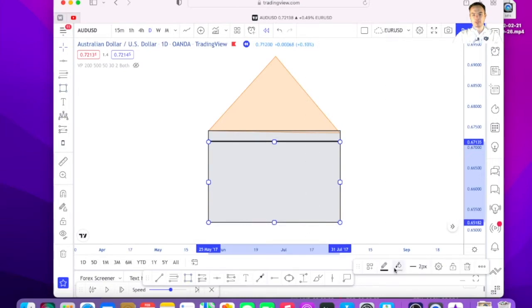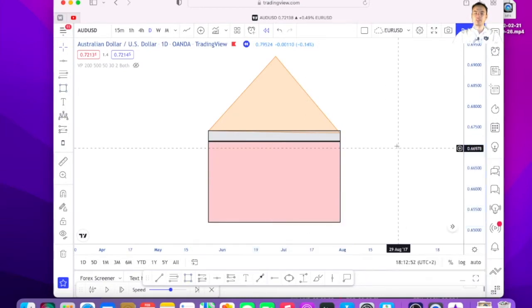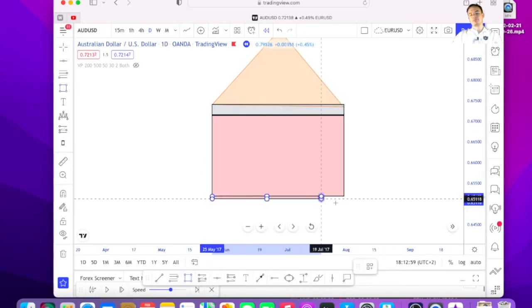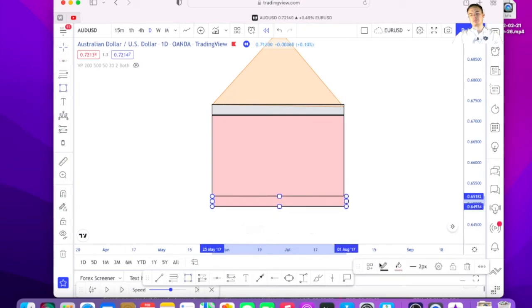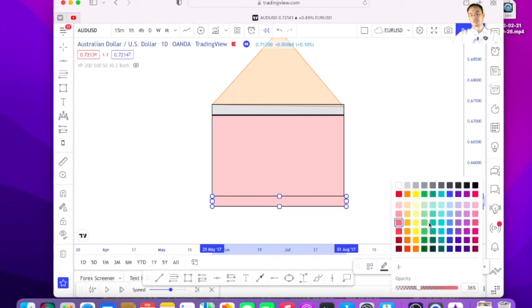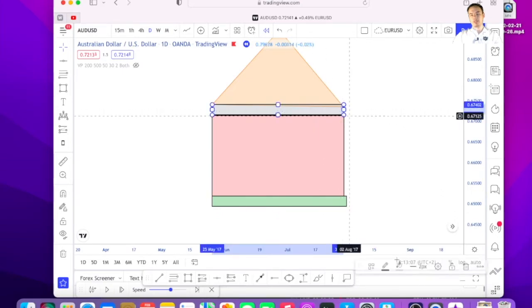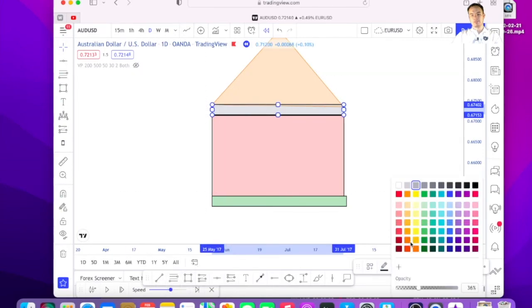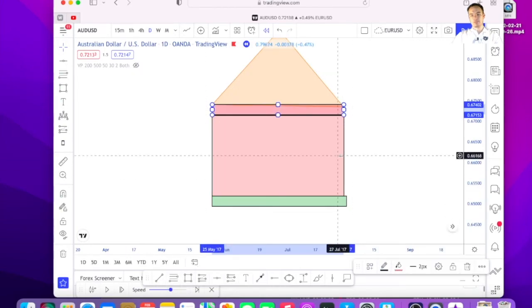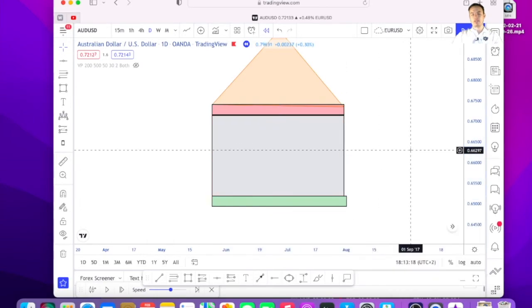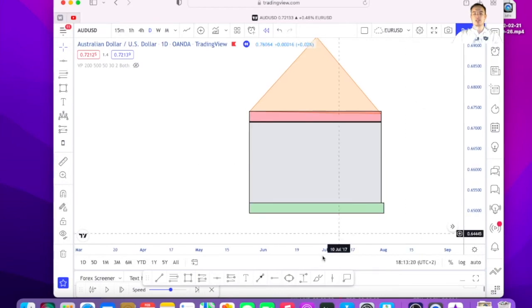Let's make the walls a different color, and we'll make this the floor. We'll make the floor green, the ceiling red, and we'll make the walls grey. Okay, so this is the house.